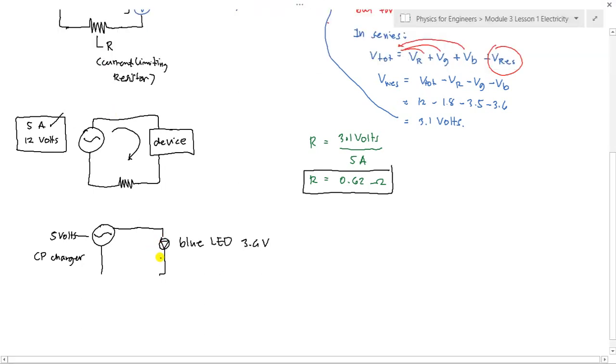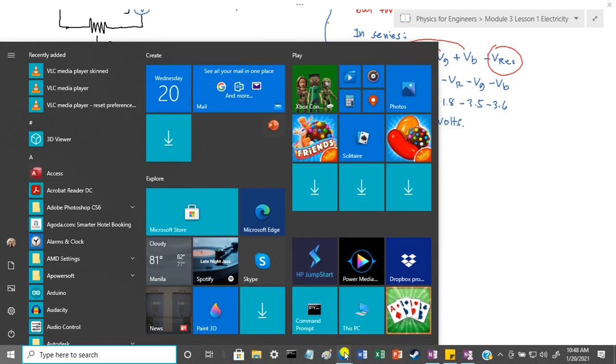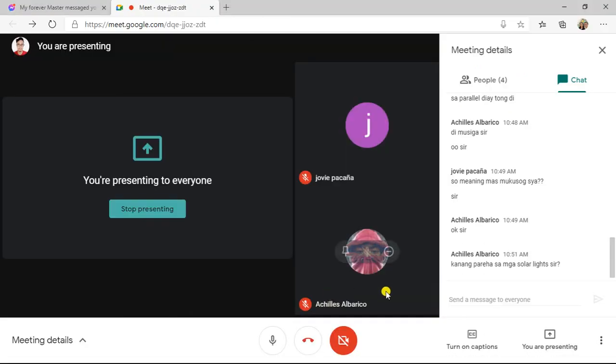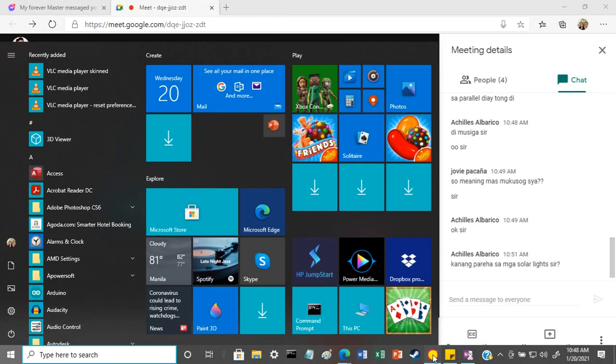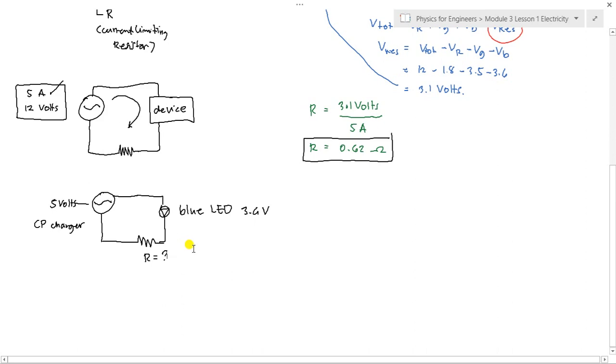So para safe, butangi og resistor. Ang challenging sa real life application kay unsa nga resistor ang butangon. Gamita ang series formulas.